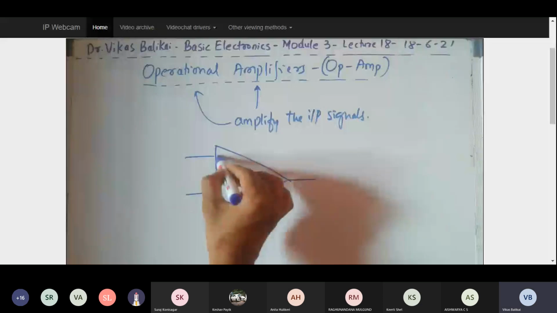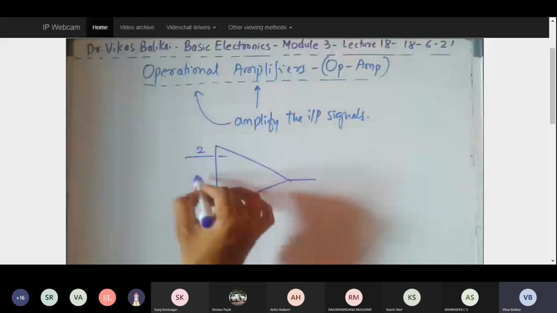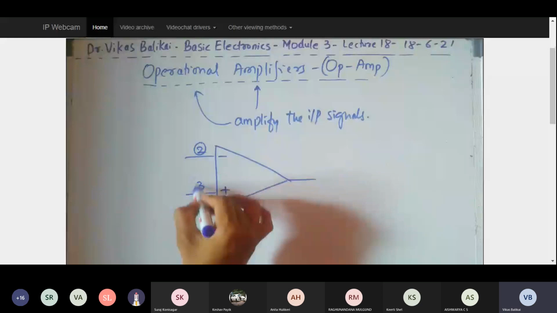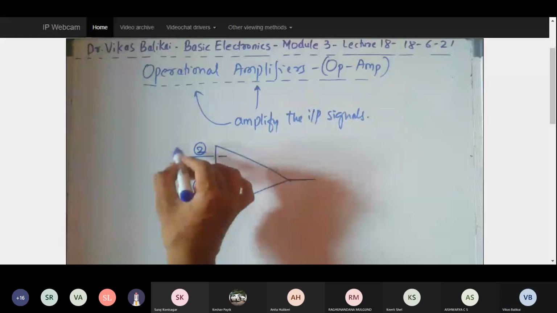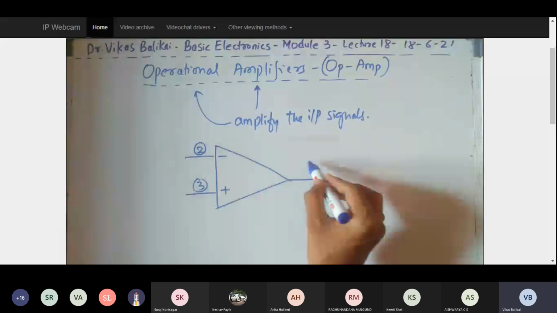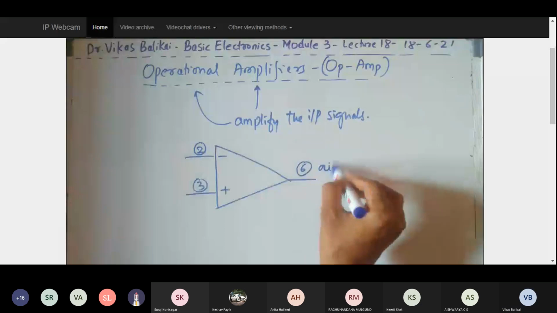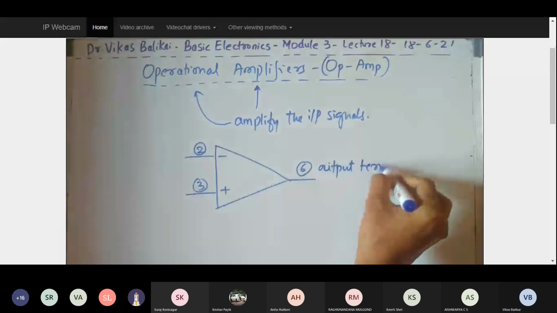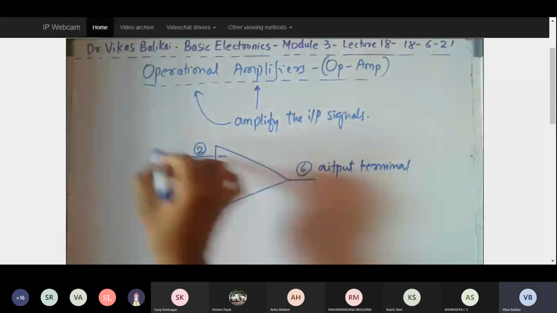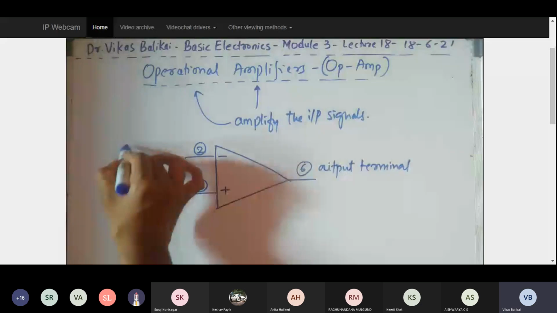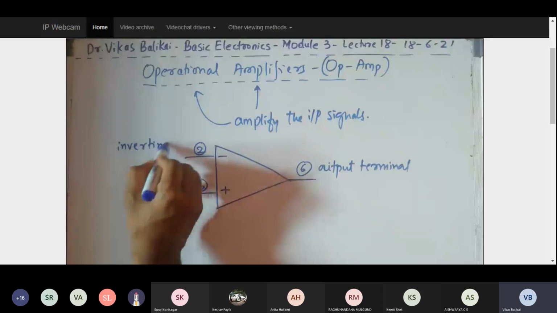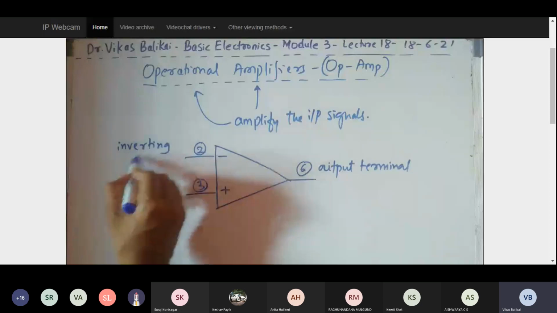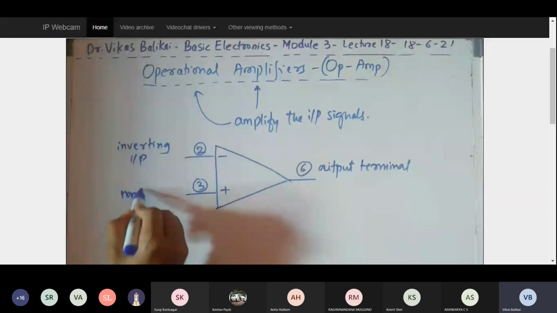The op amp has two inputs, which are over here, and one output, which is my output terminal. I'm going to call these two inputs the inverting input and the non-inverting input.